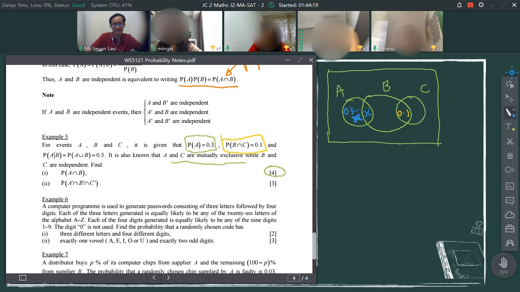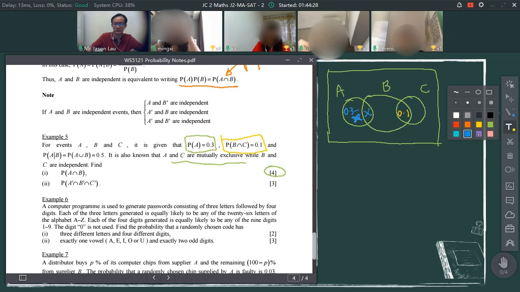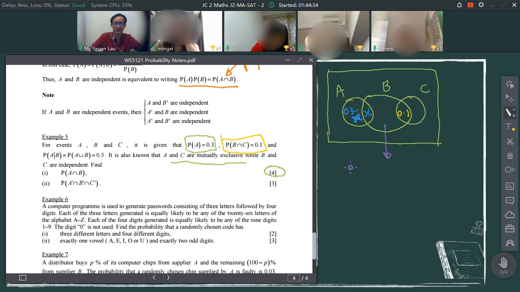A union B is 0.5. So what does that mean? What does that tell us about the center part? A union B is 0.5, all this thing, right?